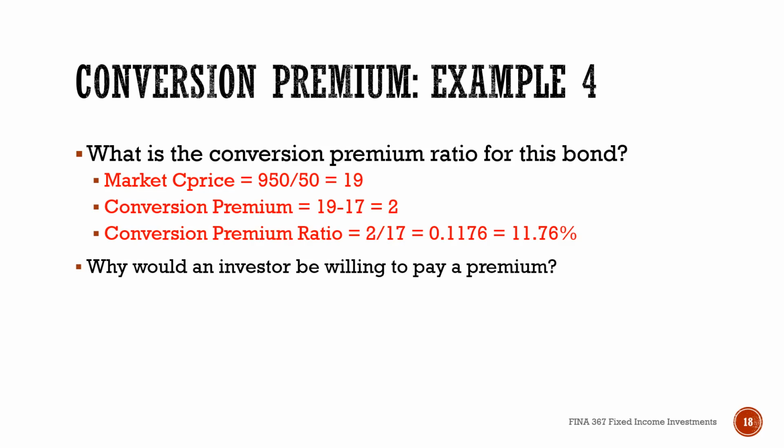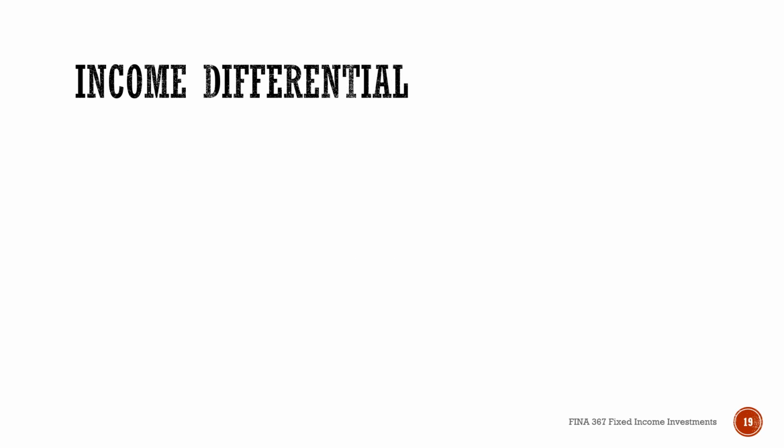Another way to justify the conversion premium is to think about the income differential. So what exactly does it mean? Think about it for one moment. If you hold the stock themselves, what you get periodically is the dividend payments.